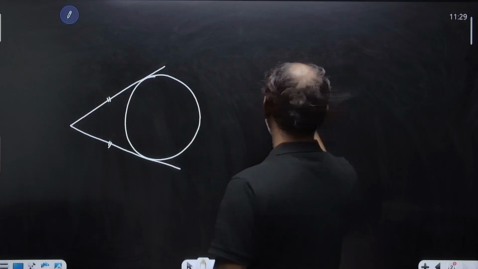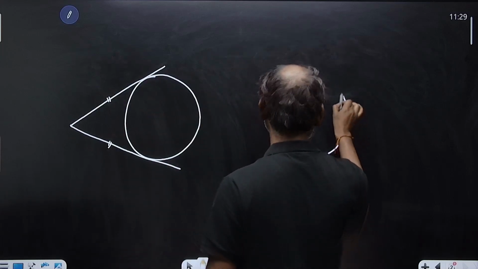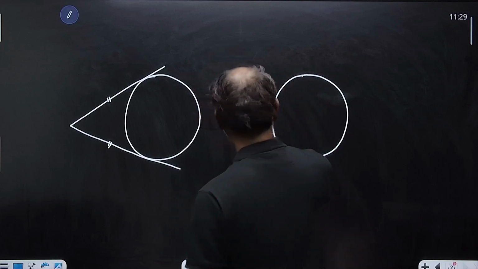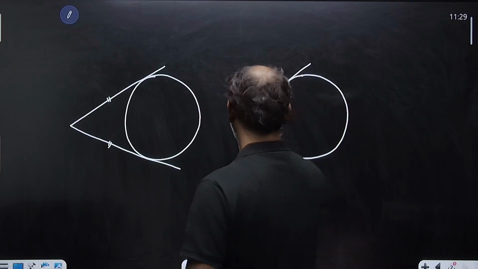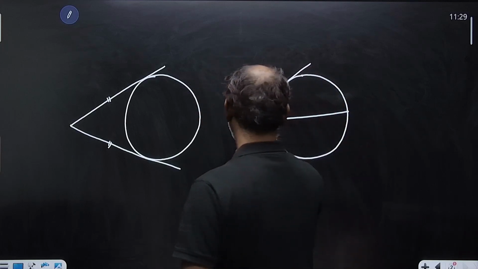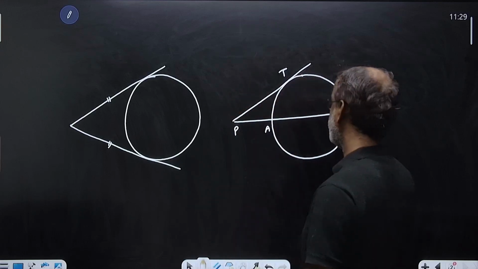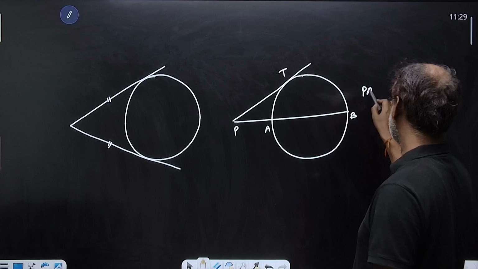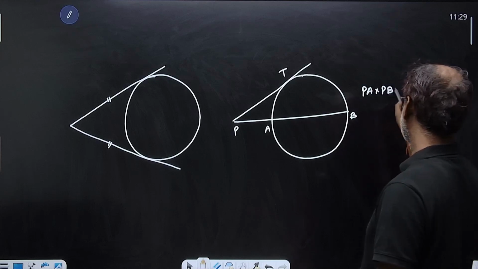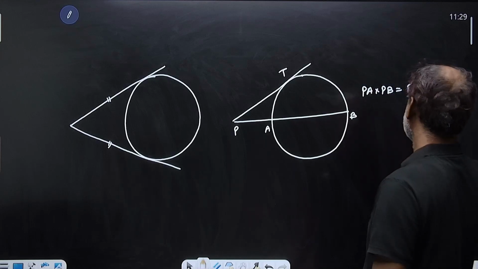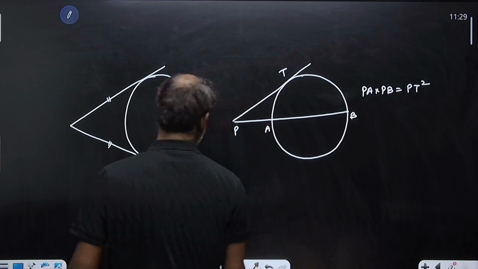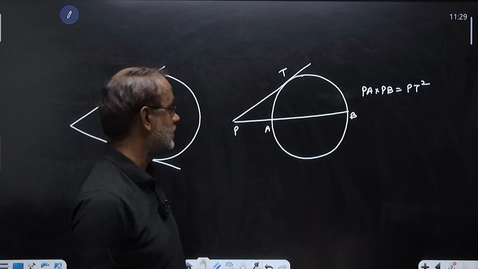We also went through this theorem, we proved it if you remember: PA into PB is PT square. This is also something that we covered in the last lecture.